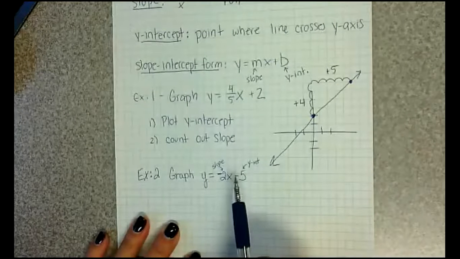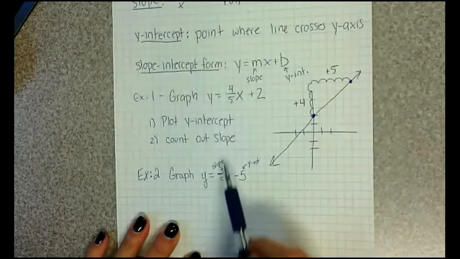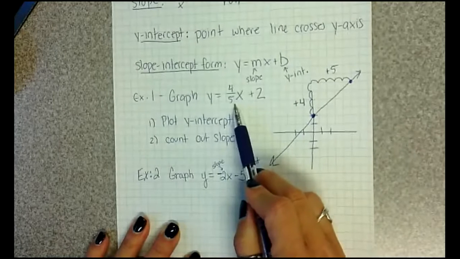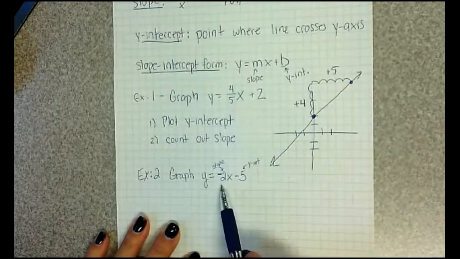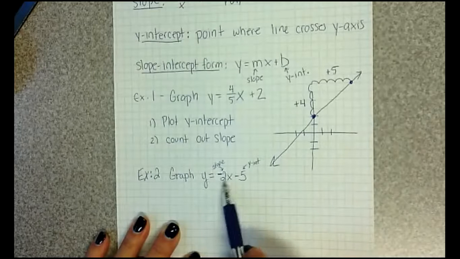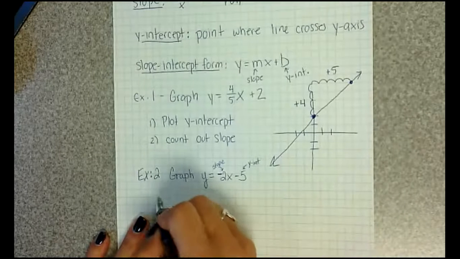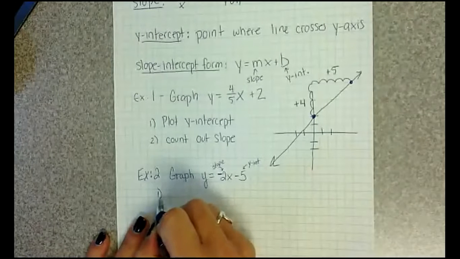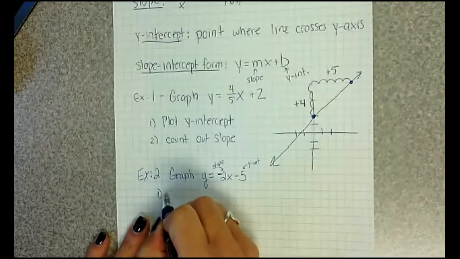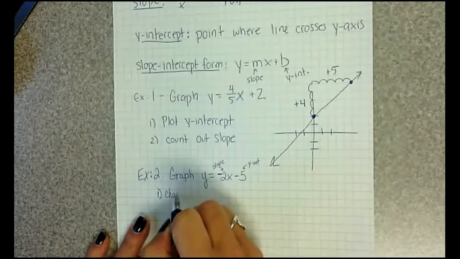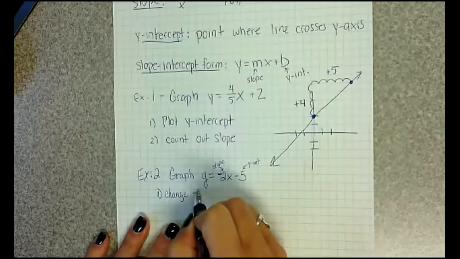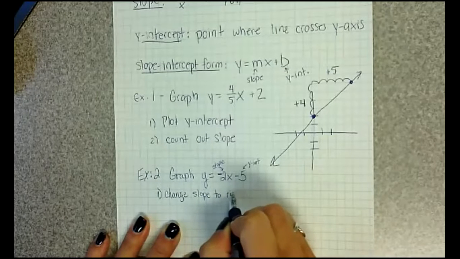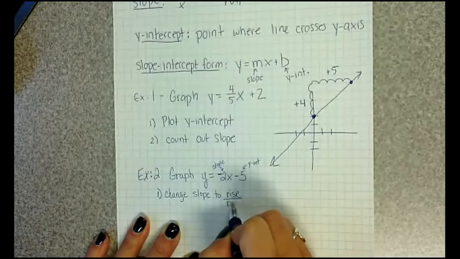Now, if you'll notice, this one is a little bit different on the slope than this one up here. And slope requires 2 movements, but I only have 1 number here. So we're gonna have to kind of adjust this one before we get started. Since there is only a number for my slope and we need a rise over run, we're gonna change the slope to rise over run.